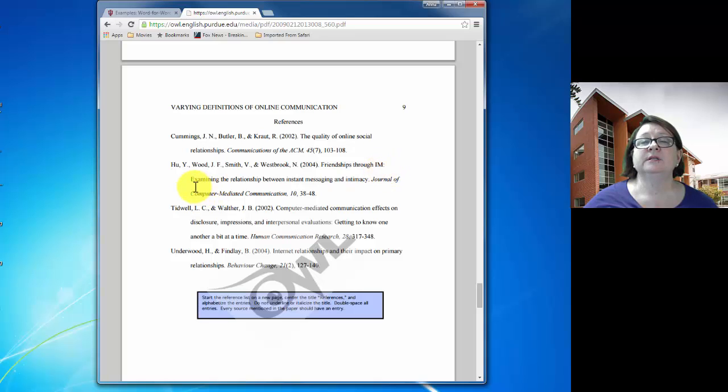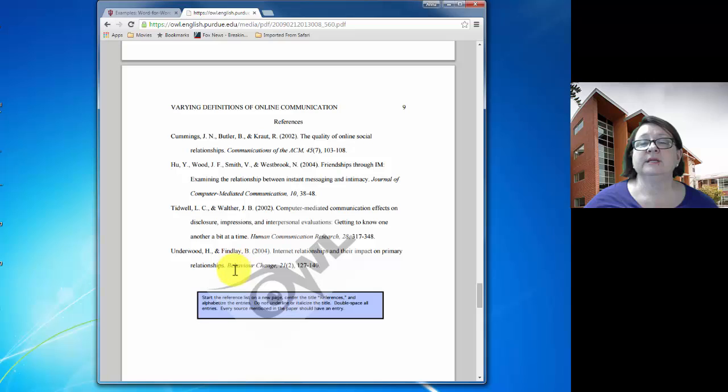Then there's a colon. So the first word after the colon is also considered like the beginning of a sentence, and it is capitalized, examining the relationships between instant messages and intimacy. Period. Journal of Computer-Mediated Communications, comma, and this just has volume 10, comma, pages 38 through 48, period.